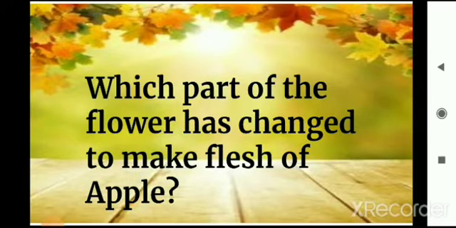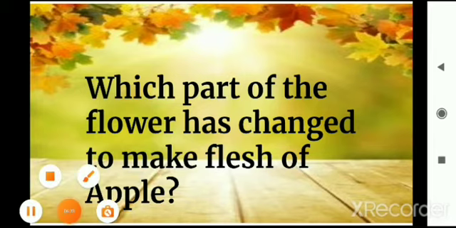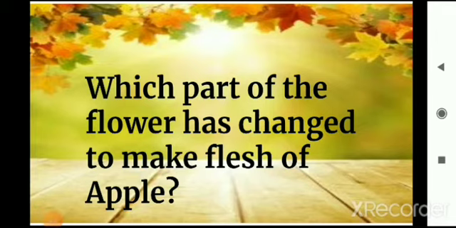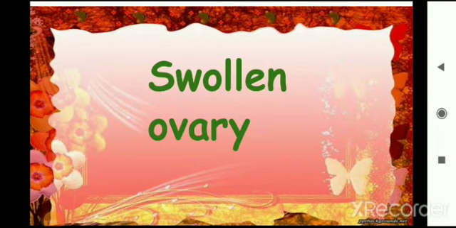Answer me. Which part of the flower has changed to make flesh of the apple? Do you know which part of flower changed to make flesh of apple? The flesh of the apple is made from the swollen ovary. Okay?